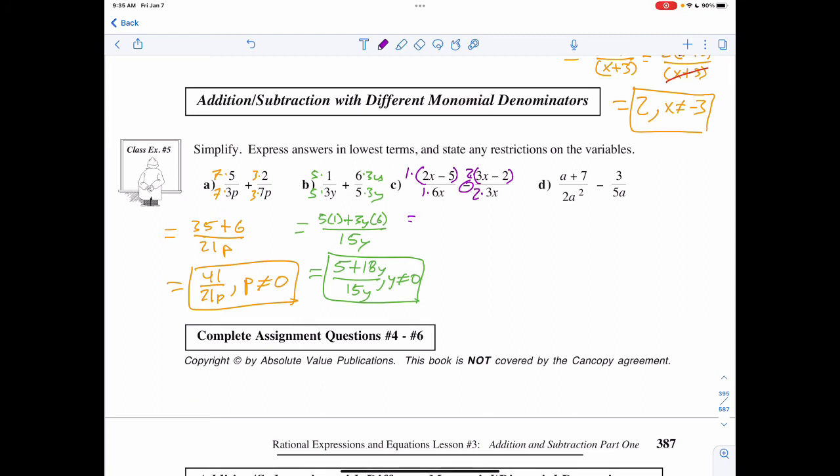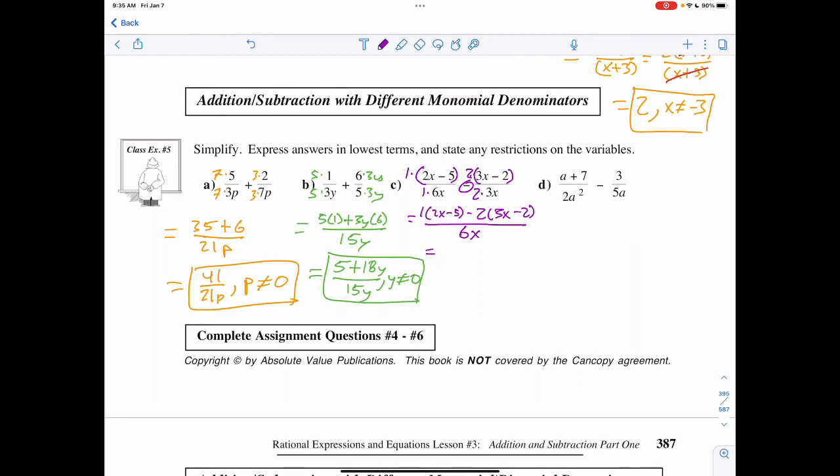So this is equivalent to 1 times (2x minus 5), minus 2 times (3x minus 2), and this is all over 6x.